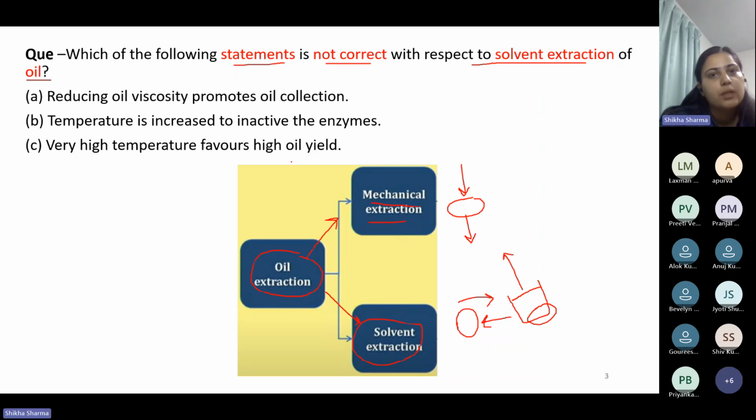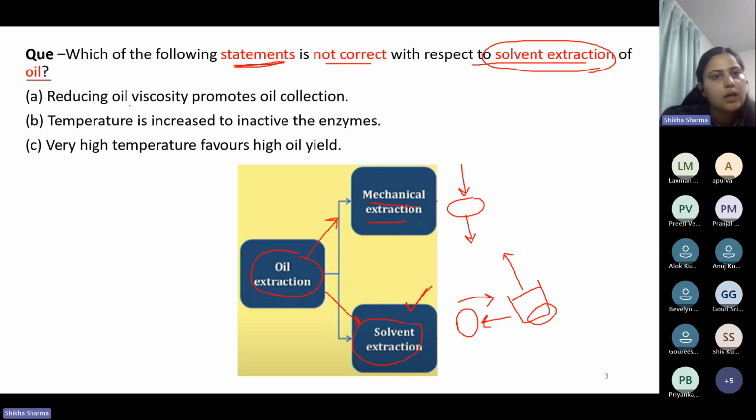As per the question, it is asking about the statement which is not correct with respect to the solvent extraction method of oil.